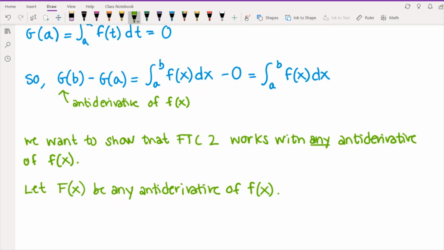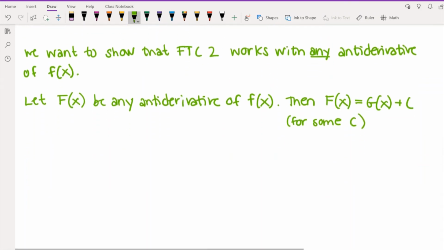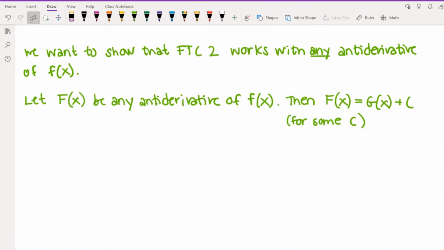Because of this plus c business. So if F of x is an antiderivative and G of x is also an antiderivative, that means that we must be able to write F of x as G of x plus c for some number c. We don't need to know what that number is, but there's some number out there that is the constant that relates capital F and capital G.